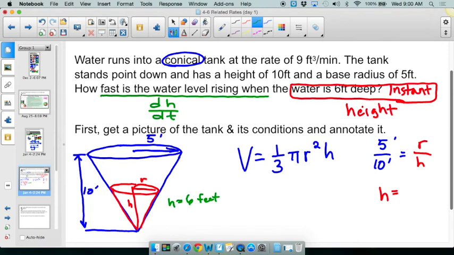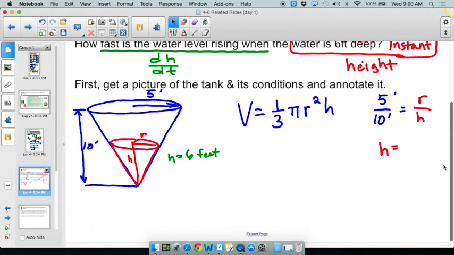So when we look at that volume equation, we better have that volume equation in terms of what variable? H. Because we have information about that, which means we've got to get rid of what? The radius. Exactly. We've got to get rid of this radius.